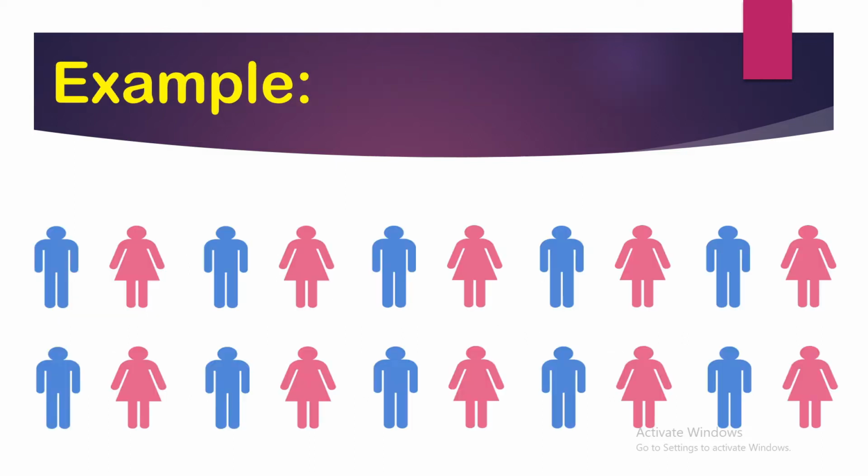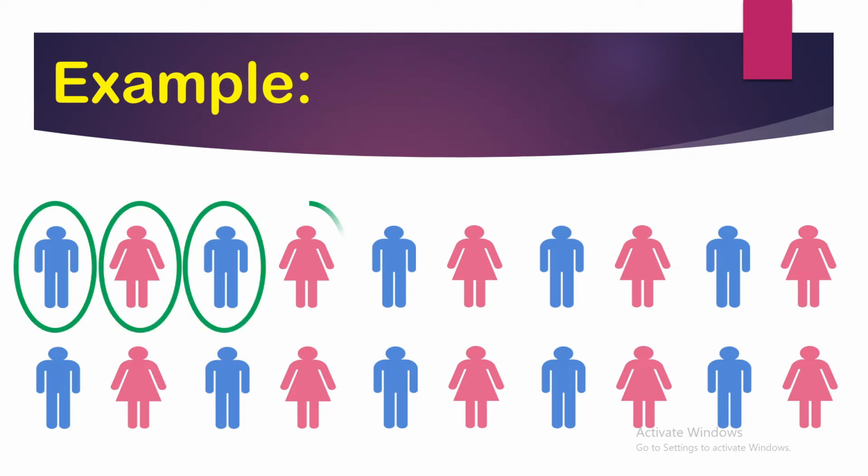Again, we have here the 20 members of our population. Using the convenience sampling, you can simply choose 5 samples out of the 20 members of the population by simply taking the first 5 on the list. So take note, that's convenience sampling.